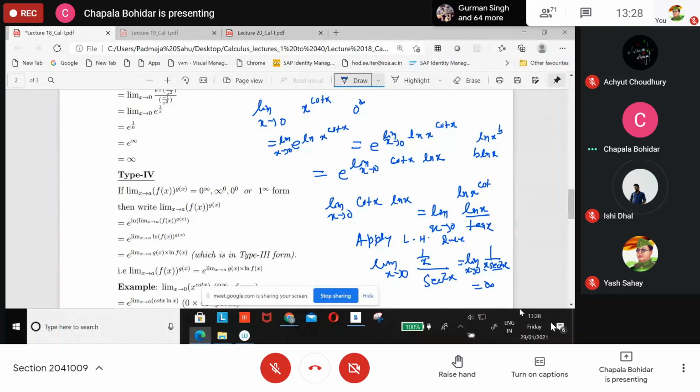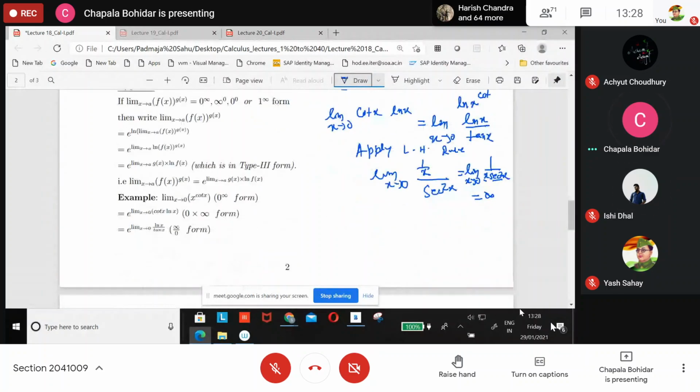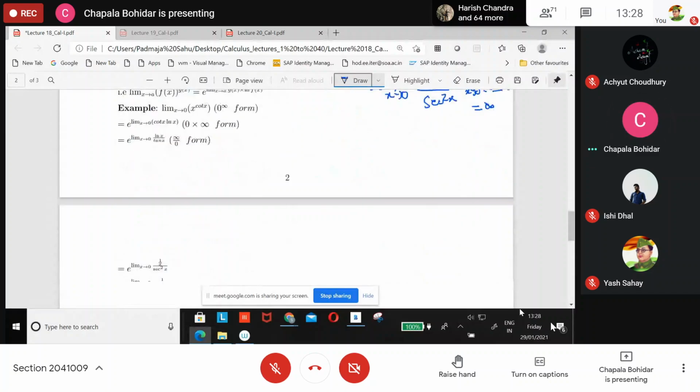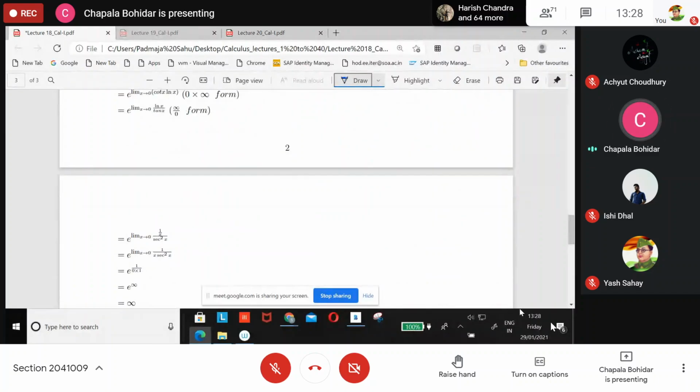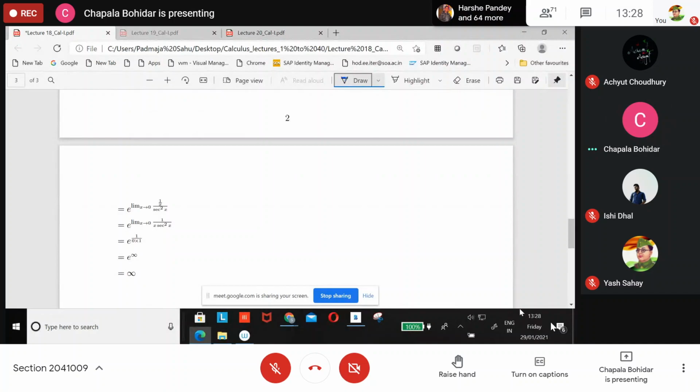Sorry, we are getting infinity now, but I've forgotten about that E. You see here it is an E. You have to write E to the power infinity.